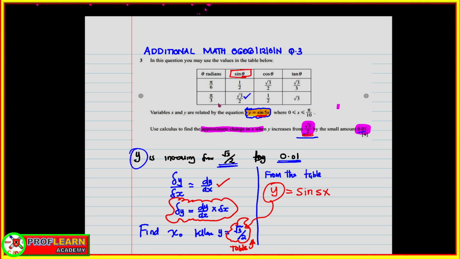Root 3 over 2 is when the angle is pi over 3, right? So we can say from the table, sine pi over 3 is equal to root 3 over 2.